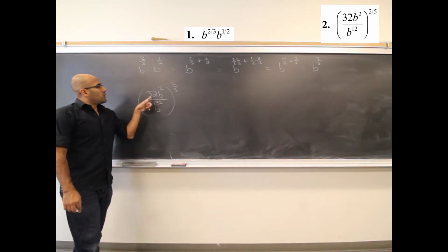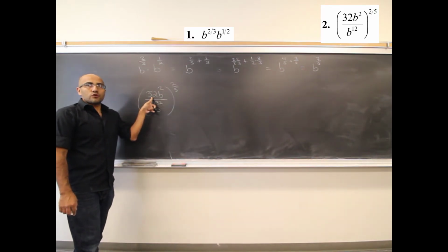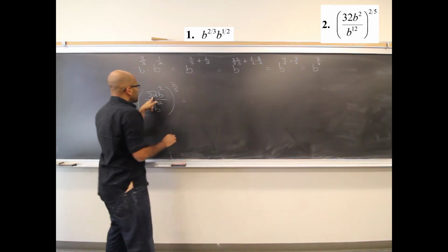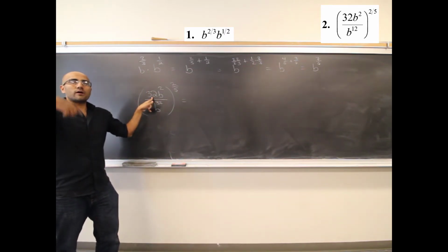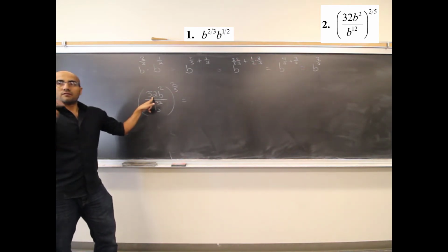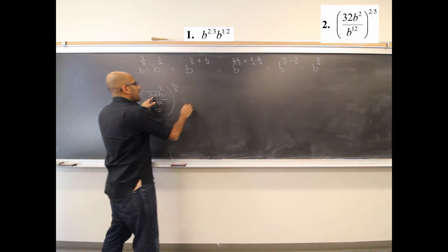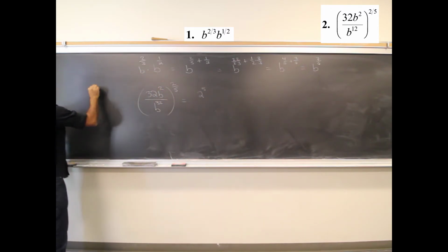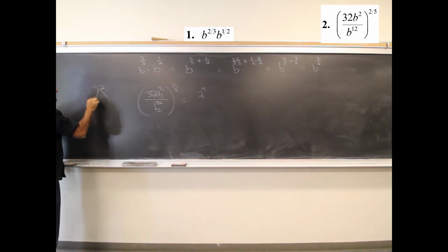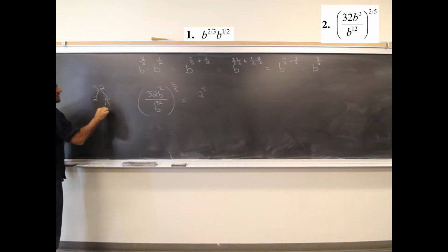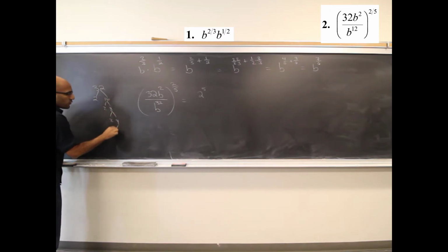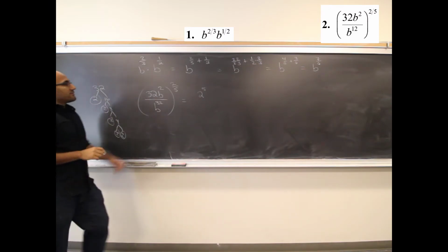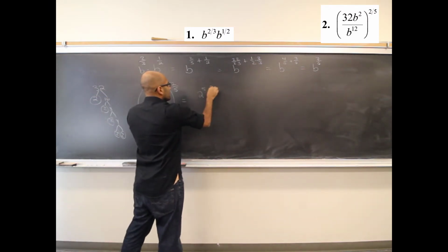Okay, so let's convert the 32 into its prime factorization. 2 to the power of 5 is 32. We can do its prime factorization: 2 times 16, 2 times 8, 2 times 4, 2 times 2, 1. That's 5 twos.